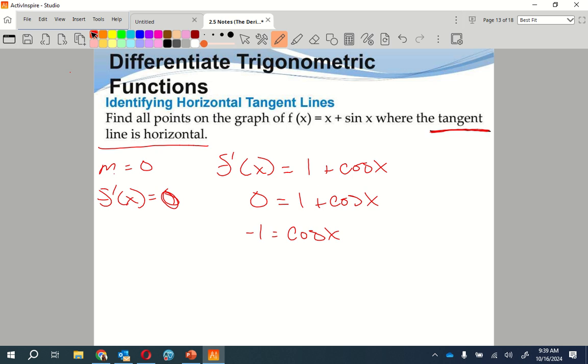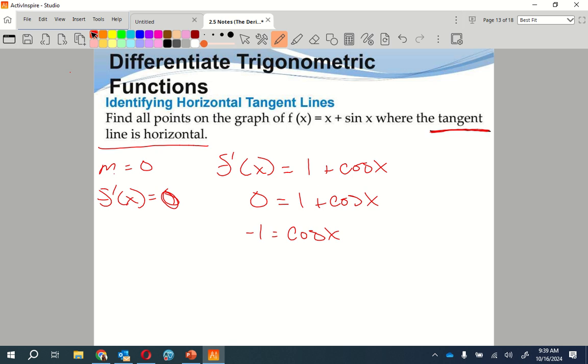Now, there's two ways of looking at this. One way is you totally understand your unit circle and you're like, I got this, I don't need any help, I know my unit circle by heart. So I could think, where is cosine equal to -1? At pi, isn't it?